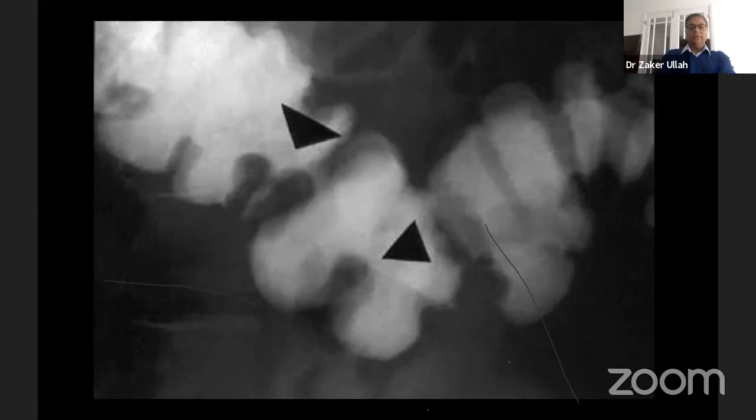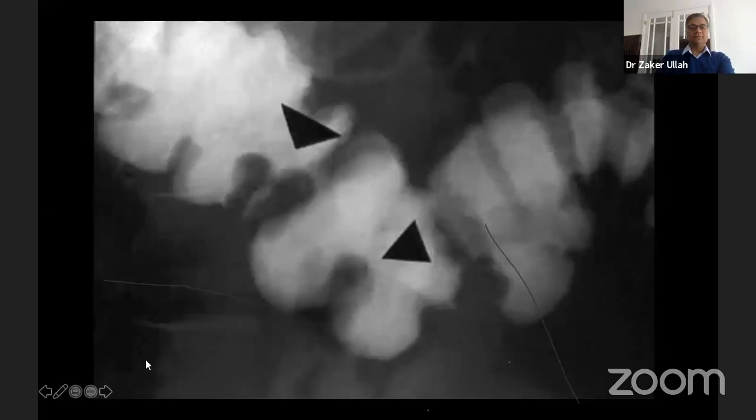So there is gas shadow within the bowel wall. Why? This is pneumatosis and necrosis. Necrosis of what? Not the whole bowel. Mainly in an ischemic condition, the first thing that dies is the mucosal lining of the bowel.